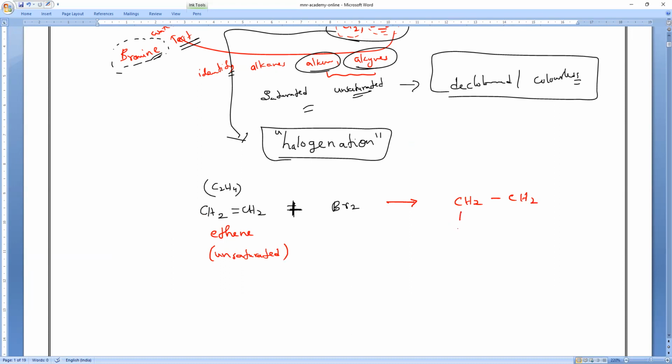Here one Br will come, and here also one Br will come. That is what we call 1,2-dibromoethane. Is this saturated or unsaturated, everybody? Saturated hydrocarbon. Okay, this is also one of the important equations.